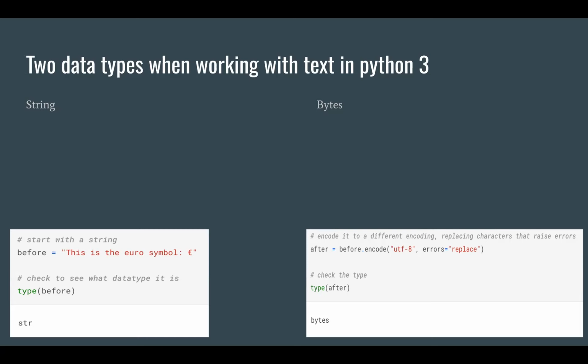In Python 3, there are two main data types you're going to encounter when you work with text. One is string, which is what text is by default, and another one is bytes.